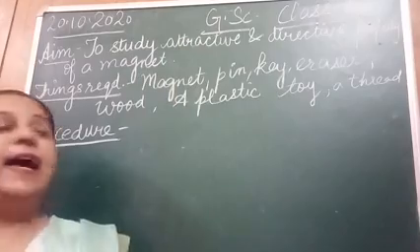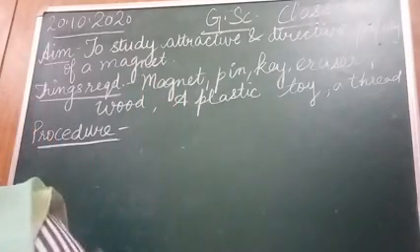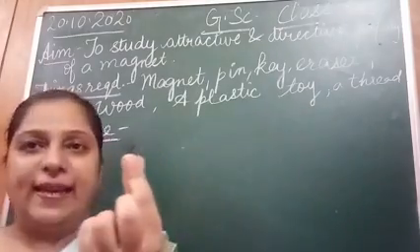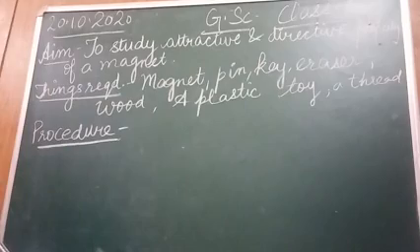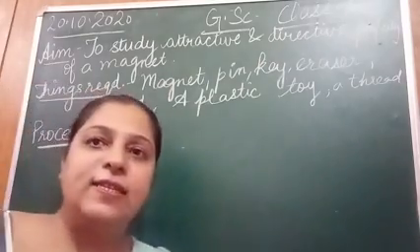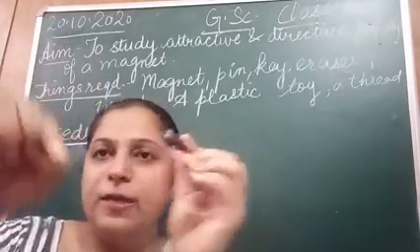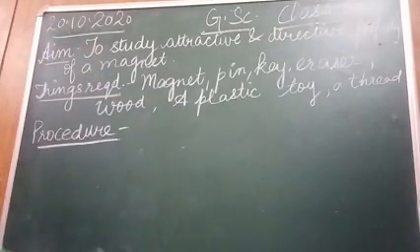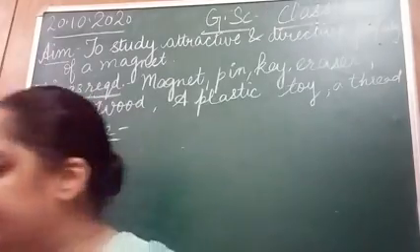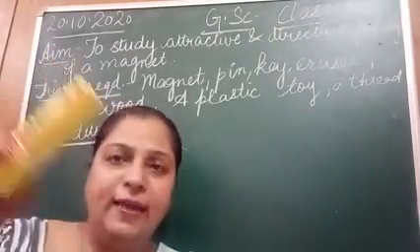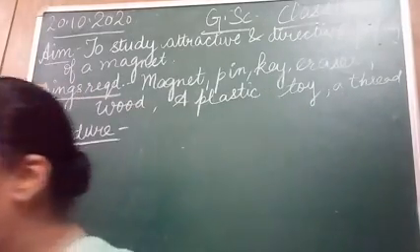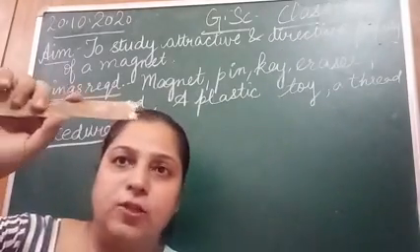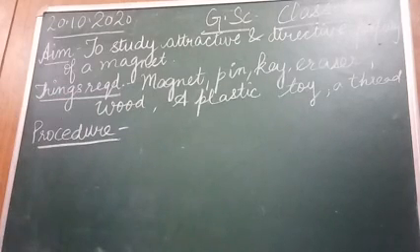For that we have things, a magnet. I am having a piece of magnet. Then a pin. I am having a pin in my hand. Look, this is a pin. I think you are able to see. Then I have an eraser, a toy, a key and a piece of wood also. I think you all are able to see it. We will be doing it one by one.